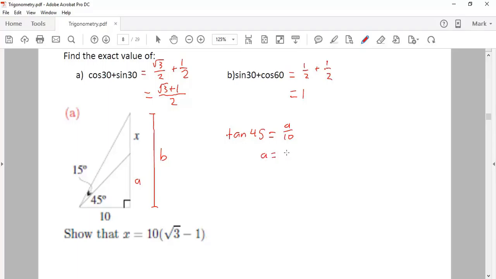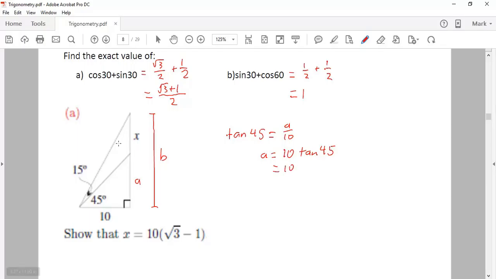So a equals 10 tan 45. Since we know the exact value for tan 45, we can just sub it in. Tan 45 is just 1, so 10 times 1 is just 10.